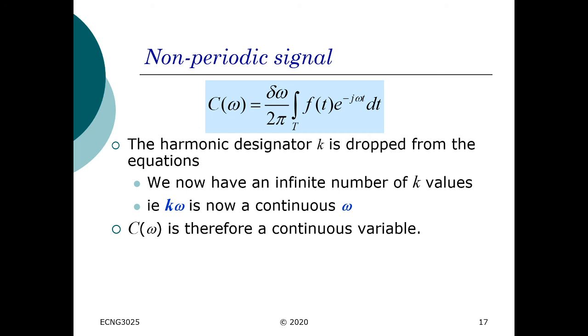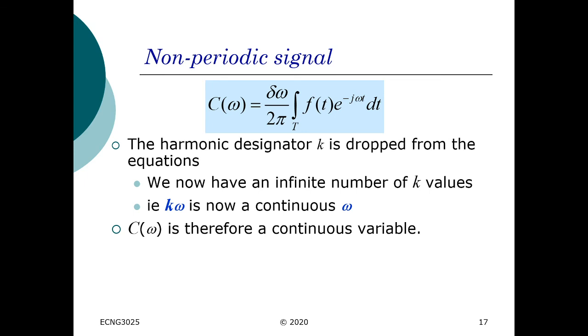The harmonic index does not exist in the c omega form. And this is because k omega tends towards omega. So now we have an infinite number of k values and we have a continuous omega. So c omega here is therefore a continuous variable.